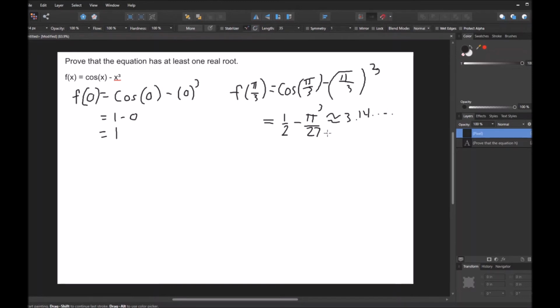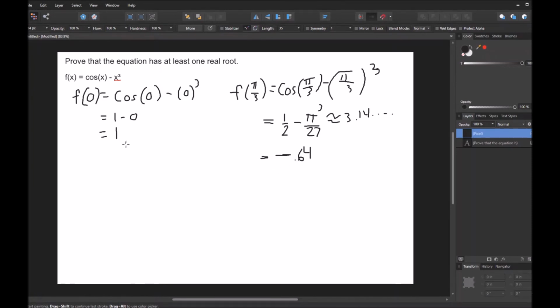So we're going to have a number greater than 27 over 27, which is going to give us a number larger than 1. So 1/2 minus a number larger than 1 is going to be a negative number. Now I think in this case it works out to negative 0.64 and then some other numbers, but we can see that it's a negative number.